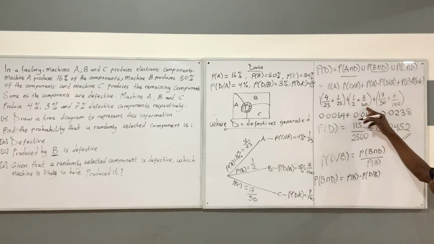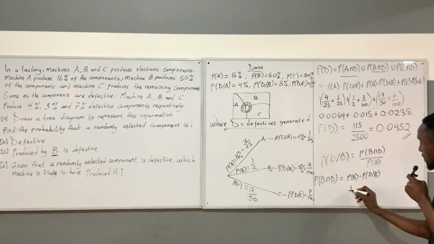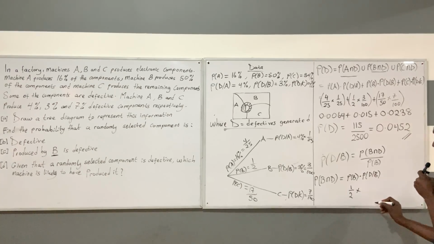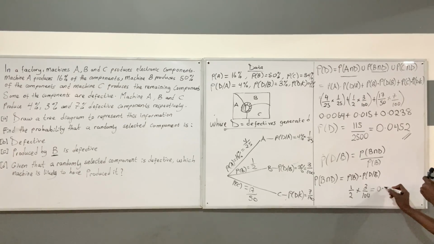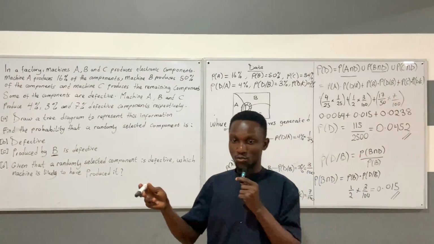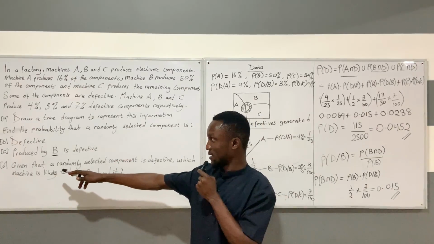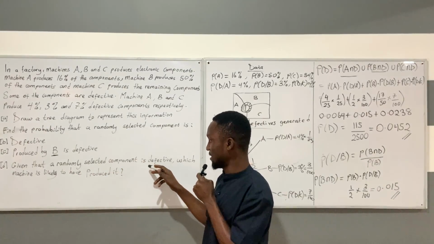So we have 1 out of 2 times 3 over 100, giving us 0.015.